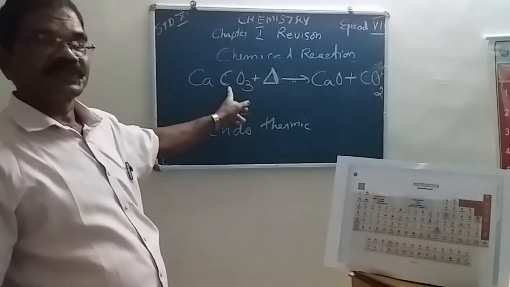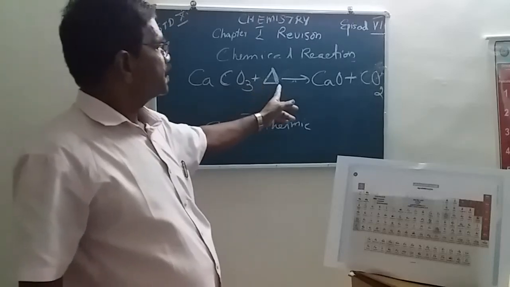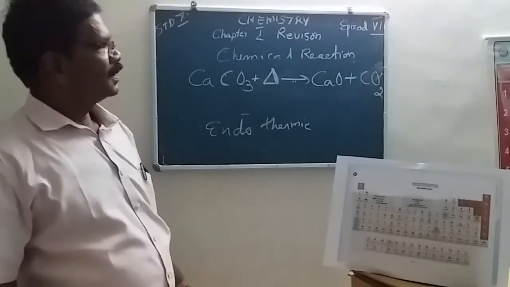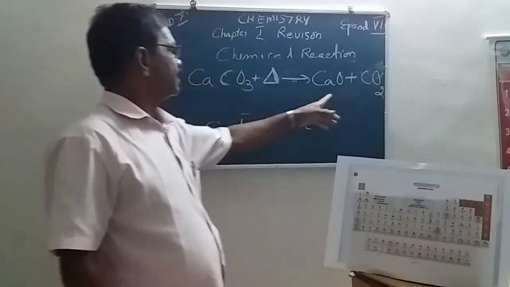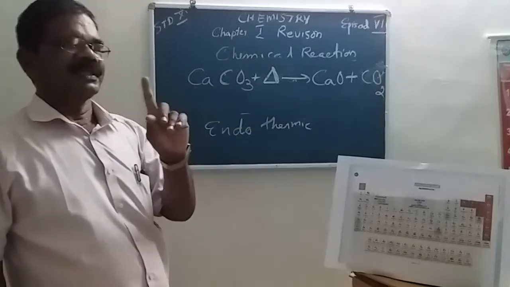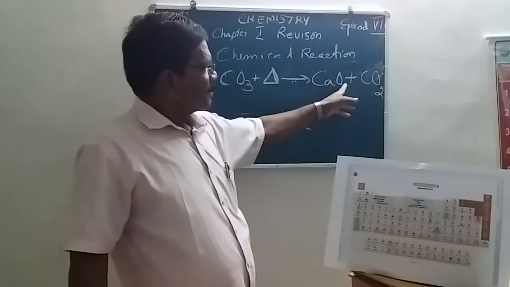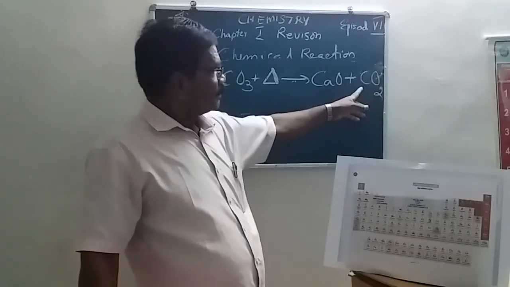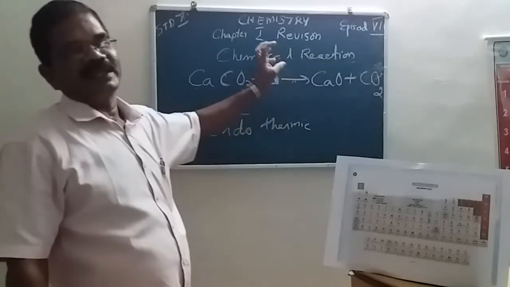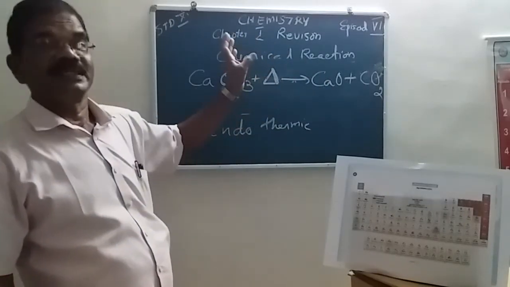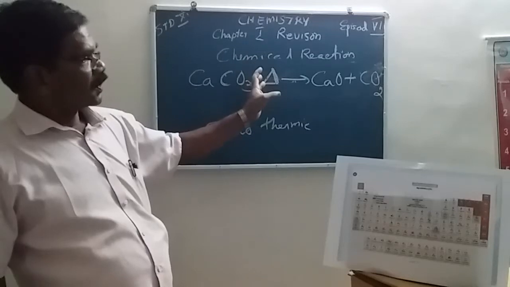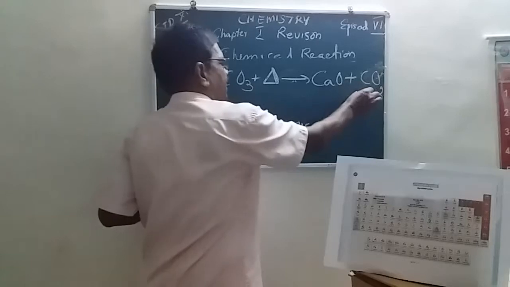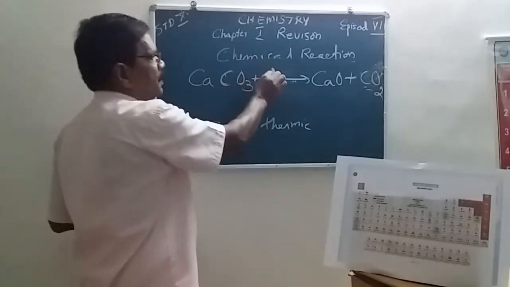Calcium carbonate on strong heating decomposes to give calcium oxide and carbon dioxide. Carbon dioxide gas is evolved. The symptoms of a chemical reaction may be evolution of a gas, change in state, change in color, production of a precipitate, and so on. Here we can see the evolution of a gas. Then this is an endothermic reaction.